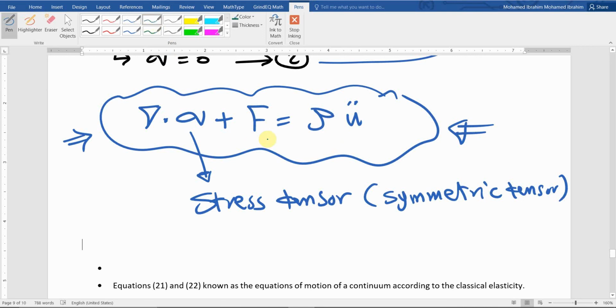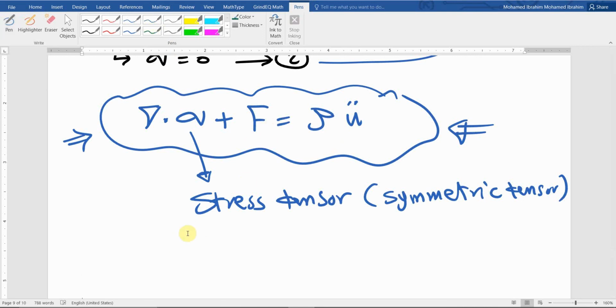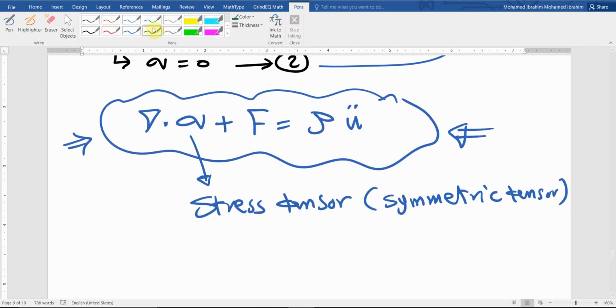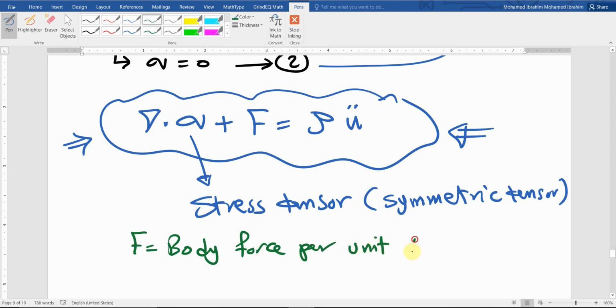Let me write the meaning of all of these terms. This is the body force per unit volume of the continuum, because we removed the volume, right?